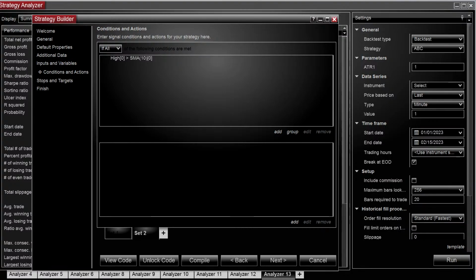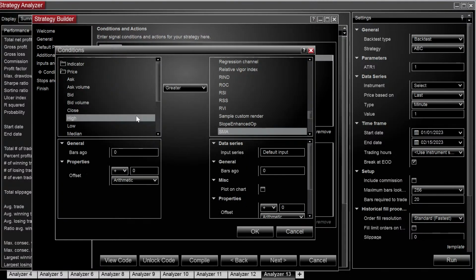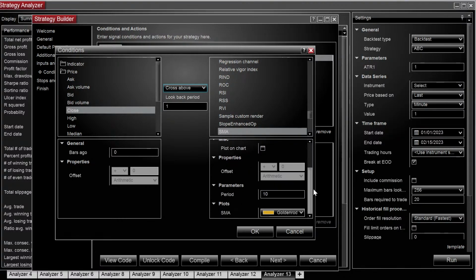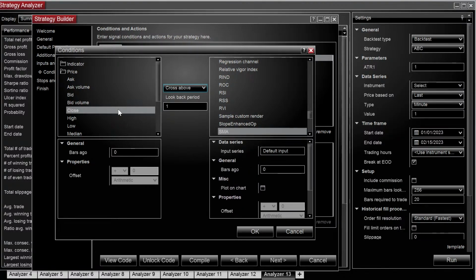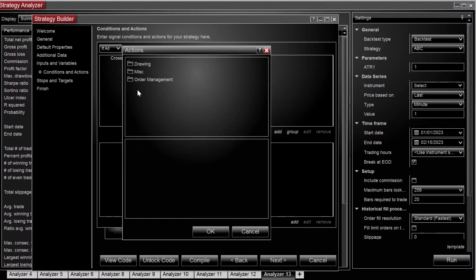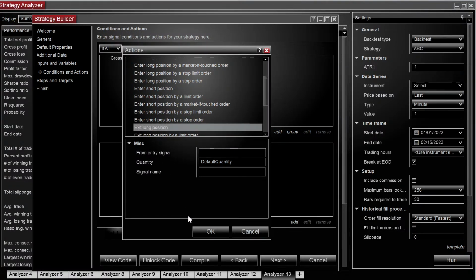Actually, that might cause some issues if the high is greater than the SMA when it activates a trigger. So instead, let's just do price close cross above the 10-period SMA. We can always slightly adjust the target. We're going to exit our long position.